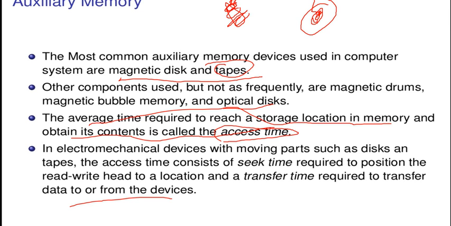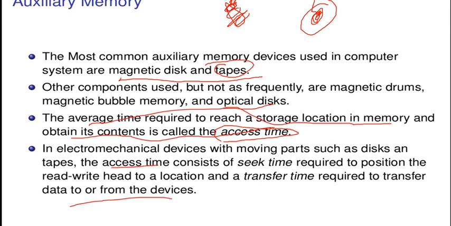We have to rotate the disk in such a way that this particular sector comes under the head. So this time is called the seek time. Means to point to the particular location is the seek time, and then after that we have to transfer that data to the particular device which requires that data. We call this whole time the access time.